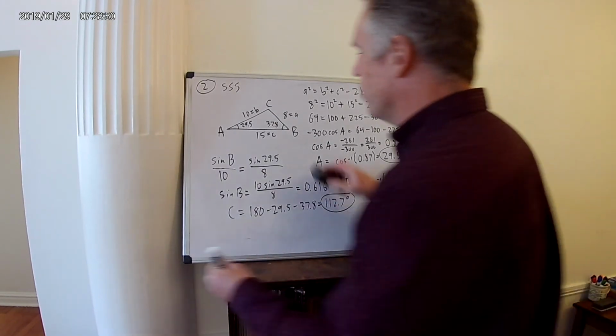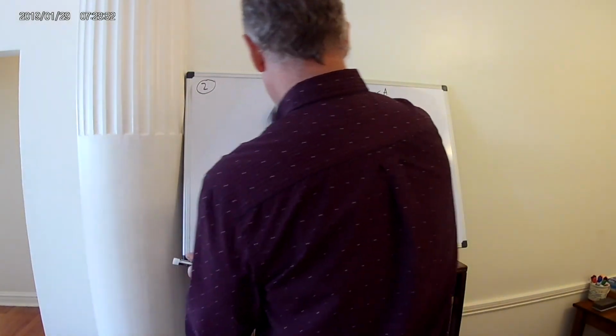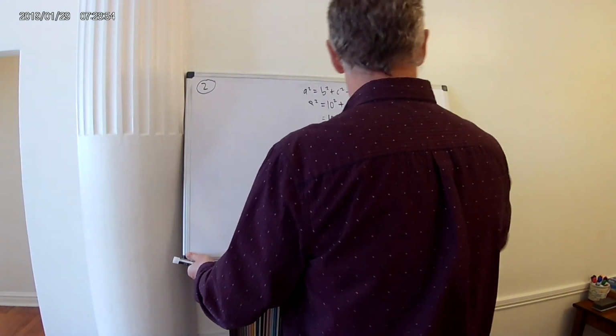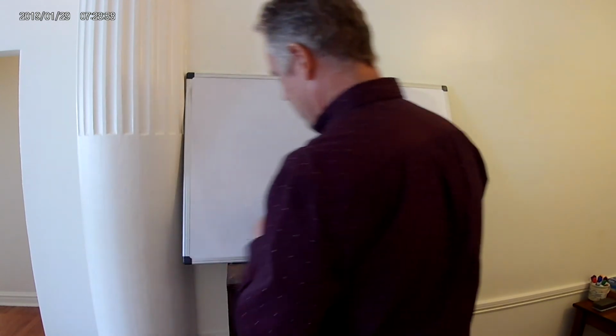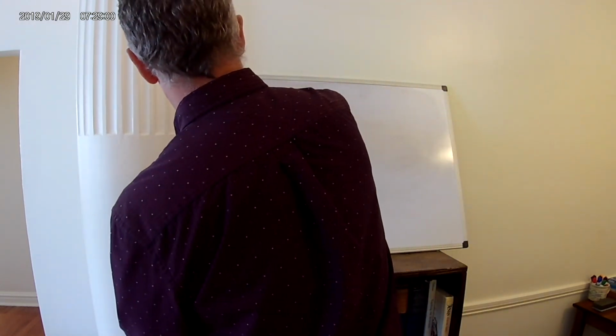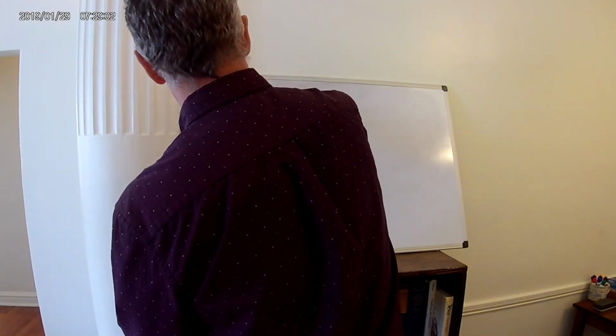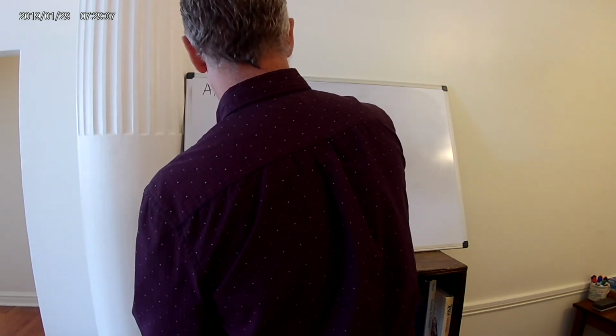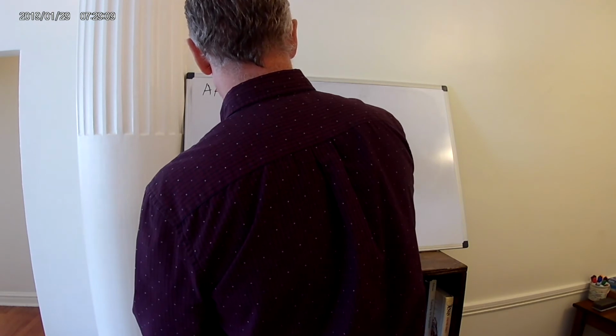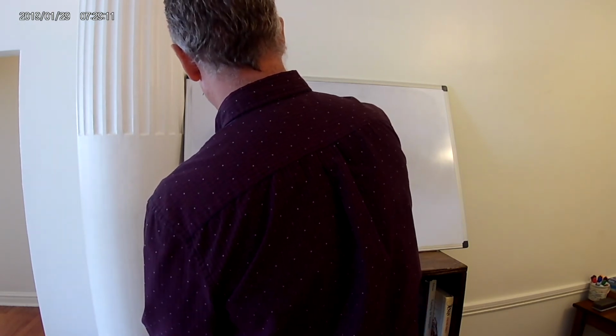Now I want to mention one other type of triangle to you guys. You might have wondered, isn't there another type, a sixth type of triangle? And there is. You could have an AAA triangle. That's a triangle where, let me make up a triangle here. Let's say we had a triangle like this. Let's say we knew all the angles.